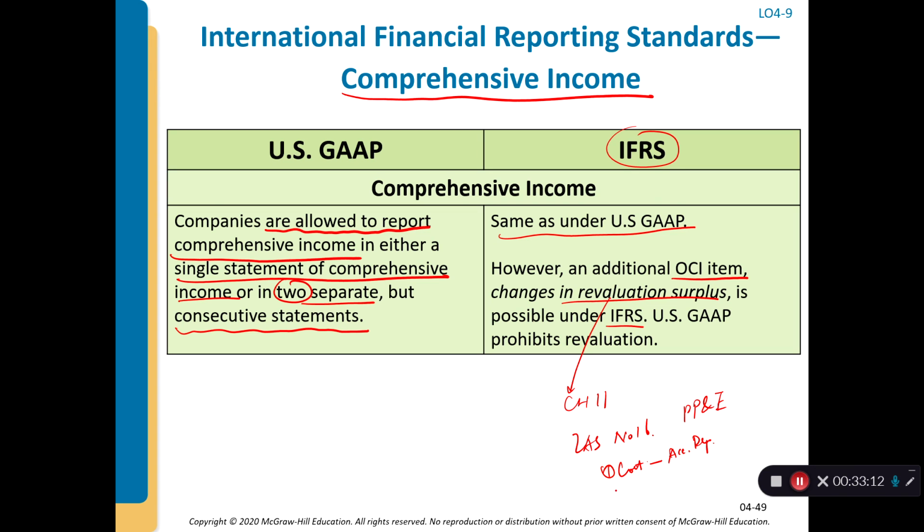This is one way you can measure it, and the second way is at fair value. IAS number 38 also gives a similar option for the valuation of intangible assets as well.